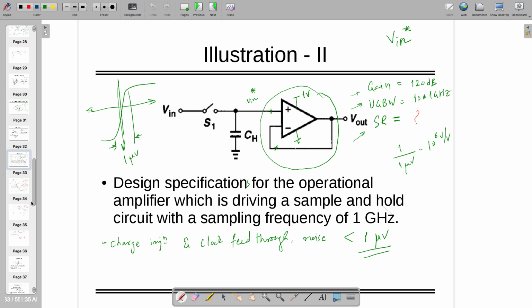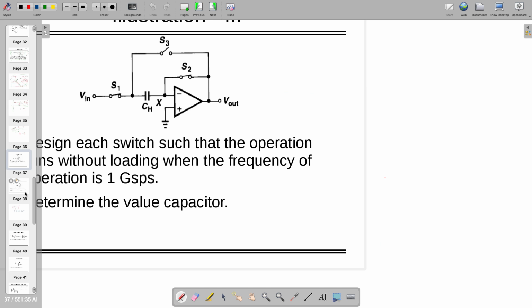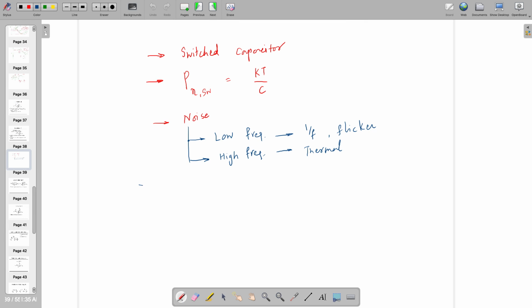A few more things we also learned, and those things are charge injection and clock feedthrough. This is happening because the switch is off, but still it's not off.